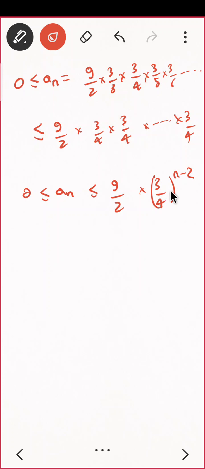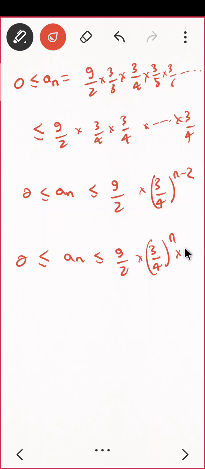If I want to have only power n, so I can put it as 0 is less than en is less than equal to 9 by 2 into 3 by 4 raised to n, multiplied with whom? 4 square by 3 square. Do you see? The minus 2 I separated, so it will just interchange numerator and denominator. Correct. So this 3 square is 9, it is gone, and this is multiplied, so this is 0 is less than equal to en, that is less than equal to 16, that is 8, 3 by 4 raised to n.